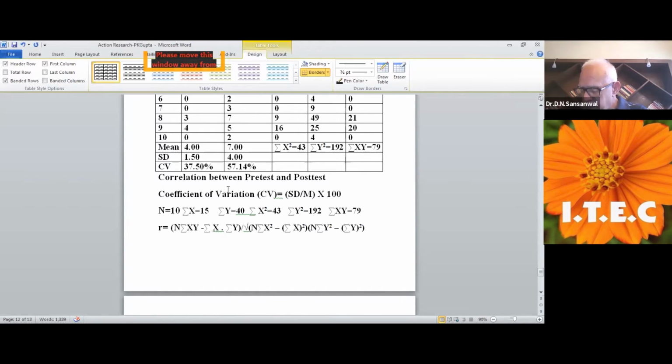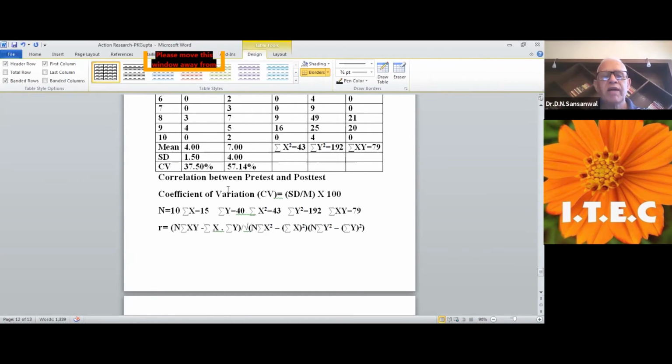And SD for pre was 1.5. And for post it was 4. And the CV for pre was 37.50%, and that was 57.14%.